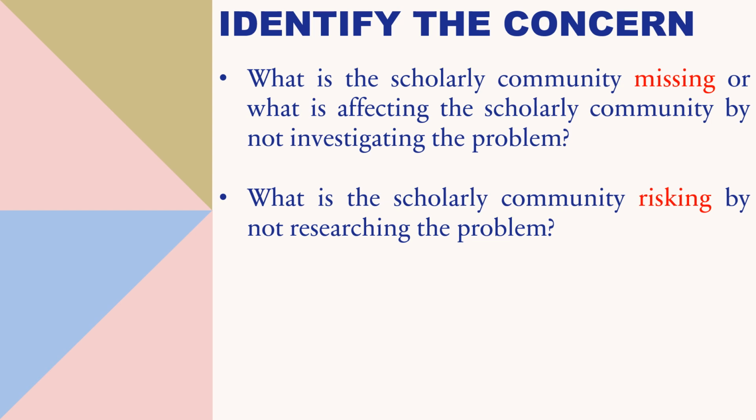So for example, if you are focusing on the use of agrochemicals in agricultural setups, in agricultural lands, if we don't investigate the effects of agrochemicals, what are we risking? So risk is very important to point out when you're identifying the area of concern.